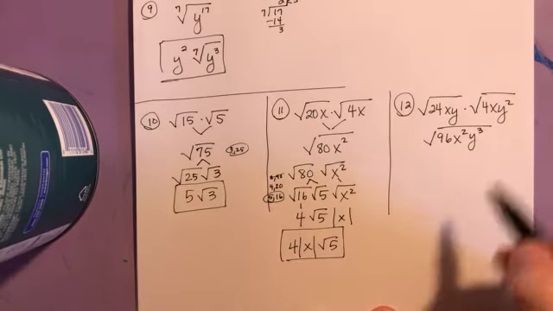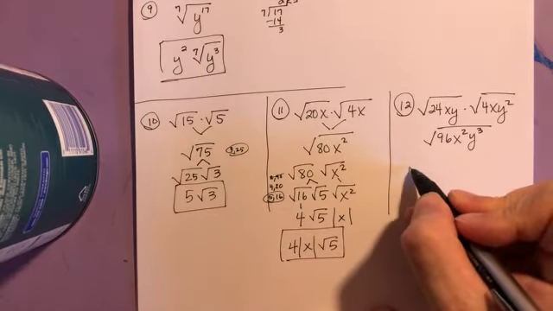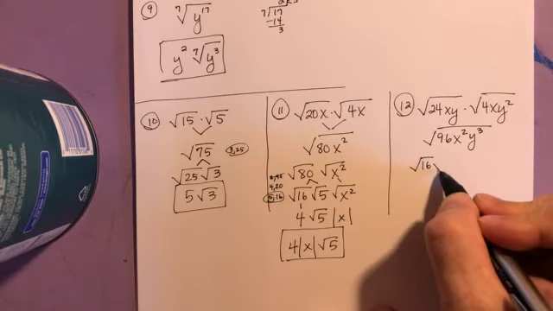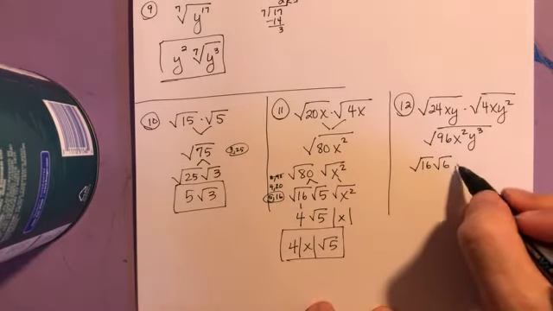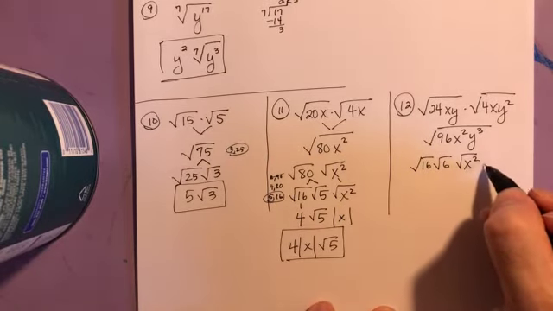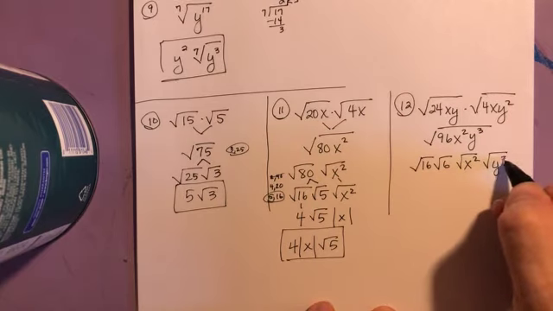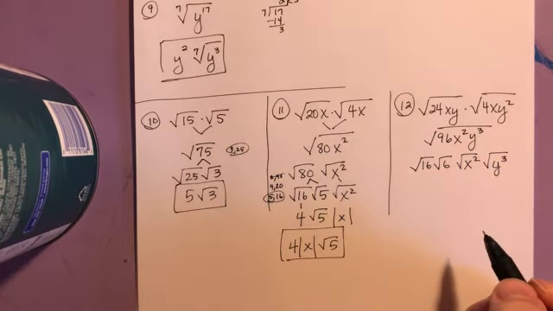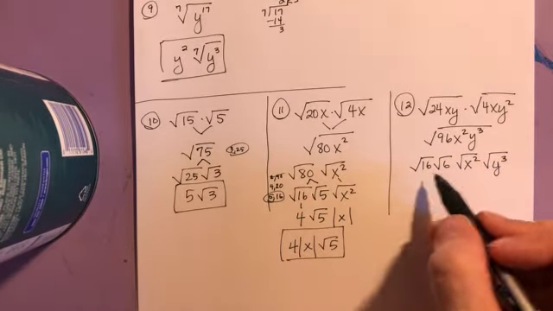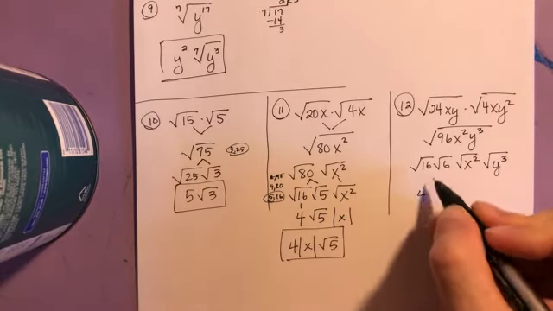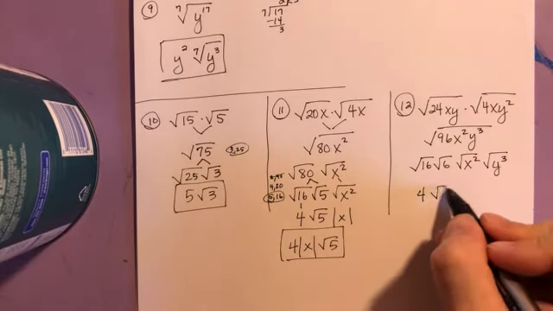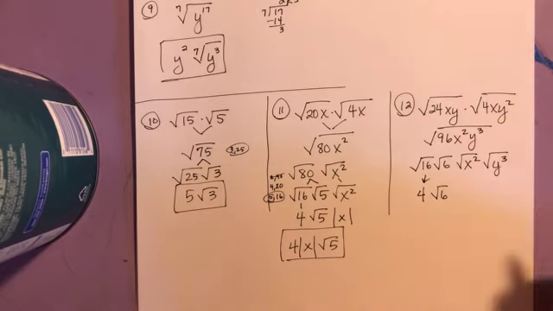Okay, so that's putting it all together. And then I'm going to split up 96 into 16 and 6 because I saw that in number 6. And then we have x squared. And then we have y to the third, like so. And then for each one of these, 16 is 4, right? Not 8. So he becomes 4.